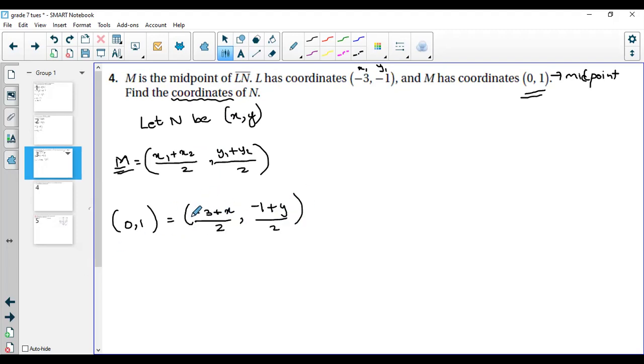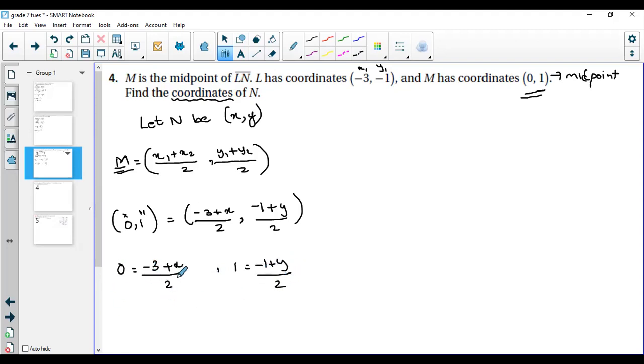Okay, now we need to make the equations. As you know, this is the value of x and this is the value of y for the midpoint. So we bring the x's together, so that means 0 is equal to -3 plus x divided by 2. Similarly, for the y, we have 1 equals -1 plus y divided by 2, right?